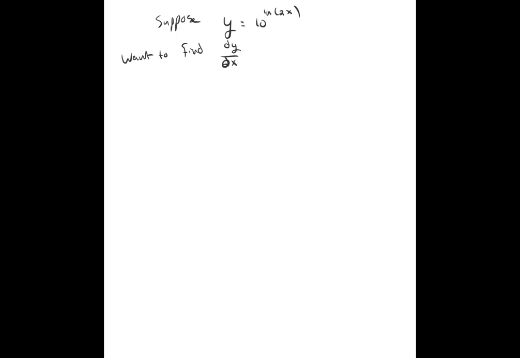So we're going to need to apply logarithmic differentiation here, right? So first we're going to take the log of both sides. Okay, and we're going to use the properties of logs to slide this power down in front. So we have that log of y is log of 2x times log of 10, right?